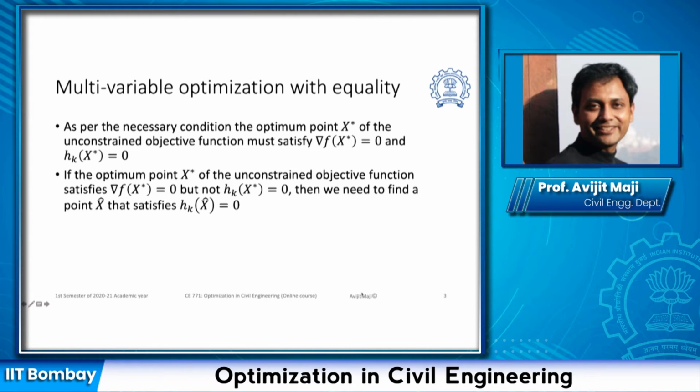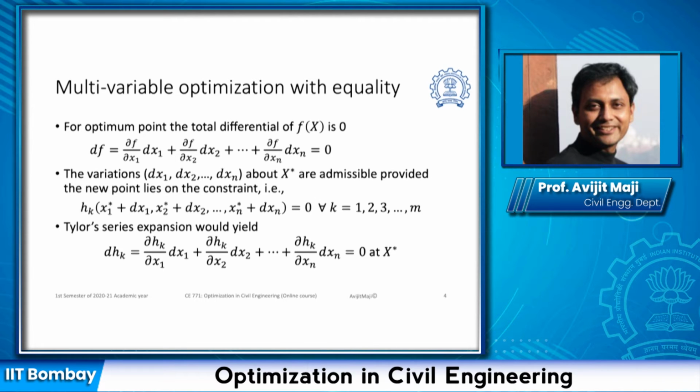Now if we find that the optimum point of the unconstrained objective function satisfies the first order derivative of the objective function but not the constraint, then we need to find the point that satisfies the constraint, which in this case is the equality constraint, meaning it should be equal to 0, and this point we call x cap.